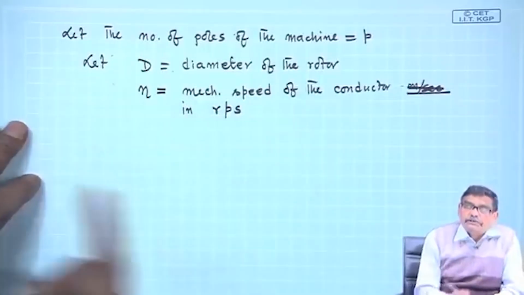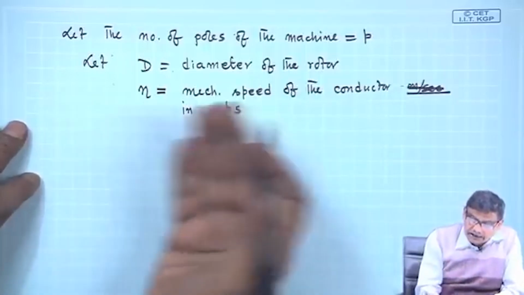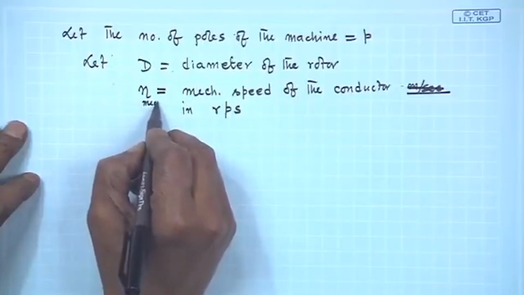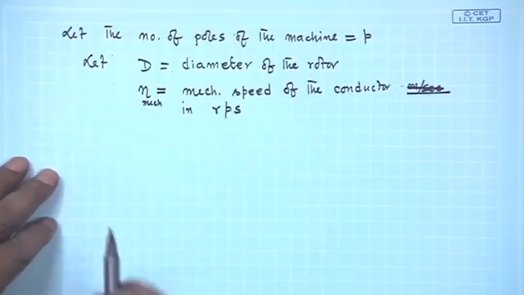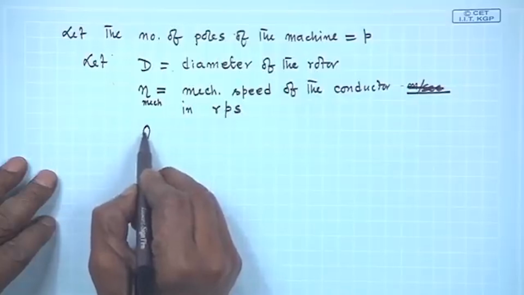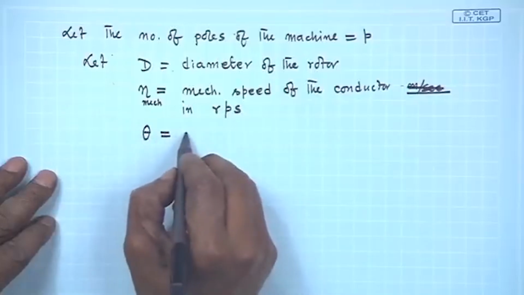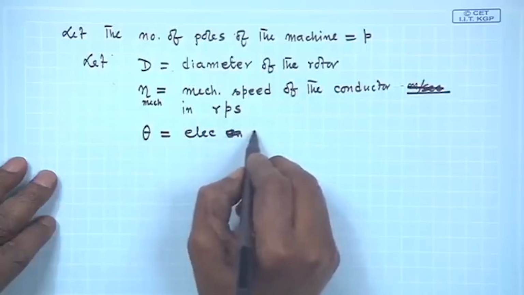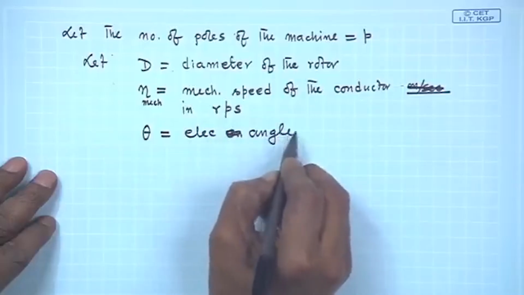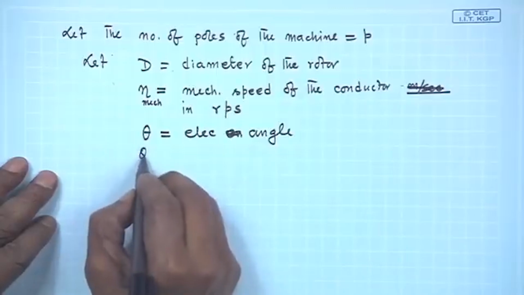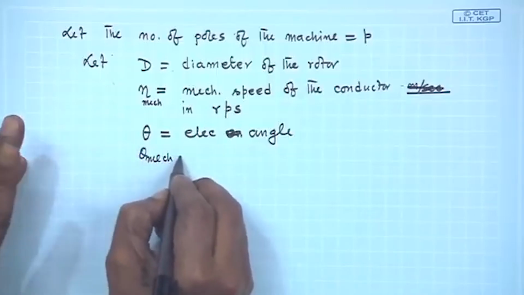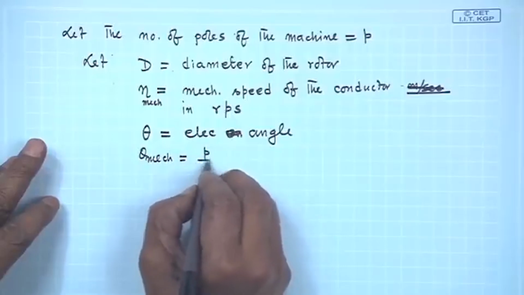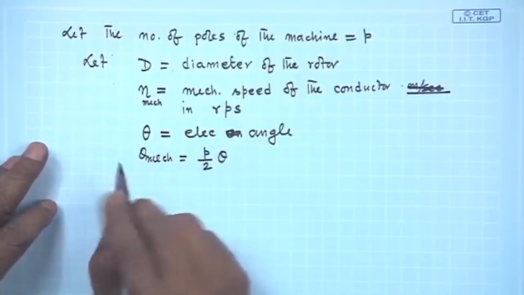How many rotations it makes, which I can measure as mechanical speed. So, n mechanical, and I will indicate theta to be the electrical angle, and theta mechanical, if necessary, this may not be necessary, is p by 2 into theta angle.